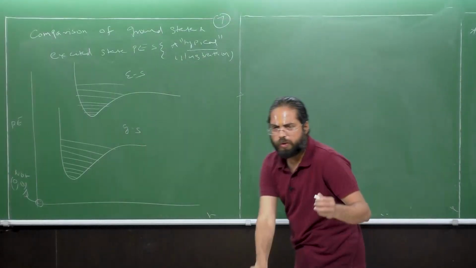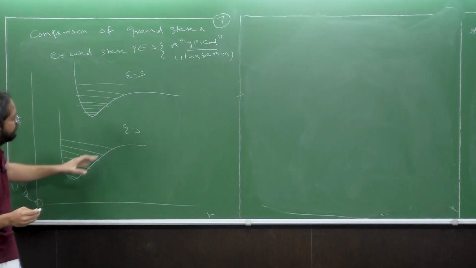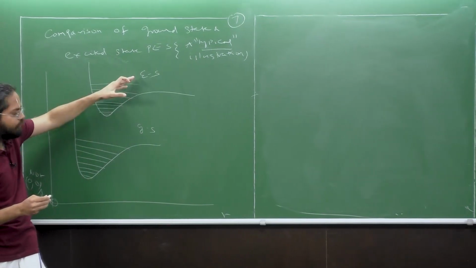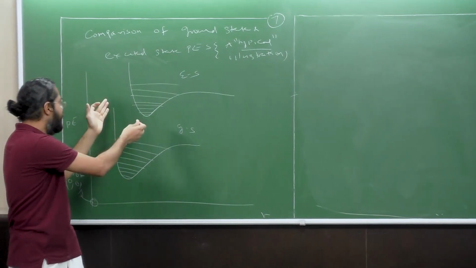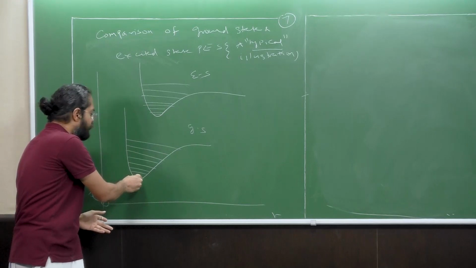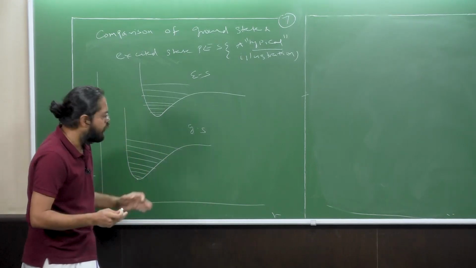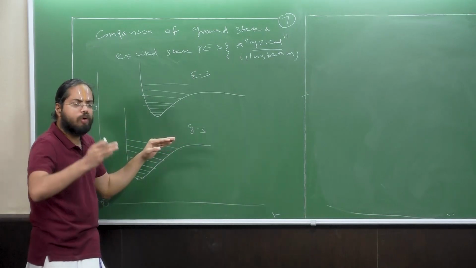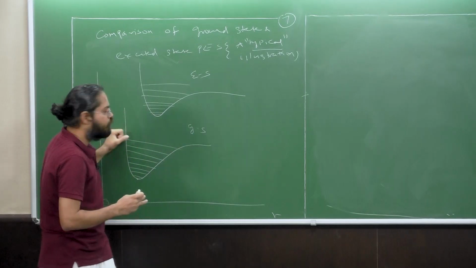Now, individually, it's easy to understand the features of GS and ES, that is the ground state and the excited state. What's happening in the ground state? Well, there is a well-defined equilibrium bond length. And as we dissociate the bond, the curve moves asymptotically towards the zero of potential energy.